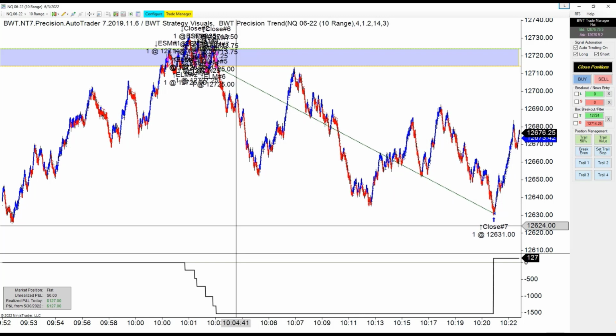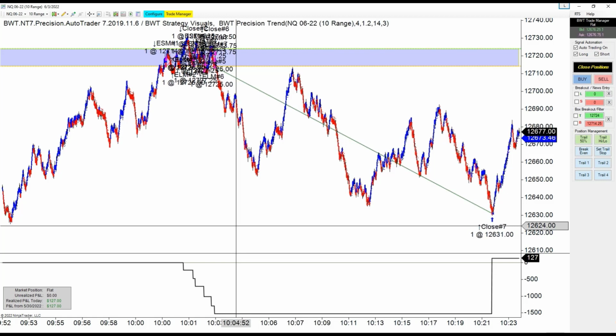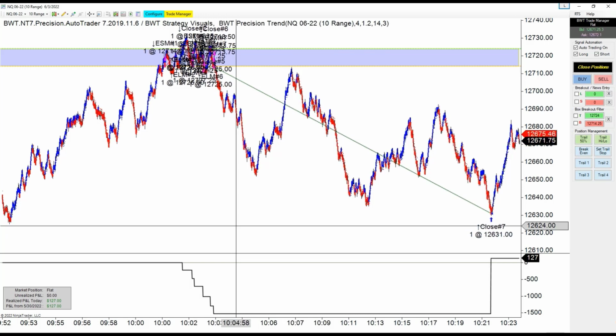So look, it wasn't smooth. At the end, my target was hit, and the reason I was confident is only because I've seen this happen dozens and dozens of times, and if you include backtesting, hundreds and hundreds of times.